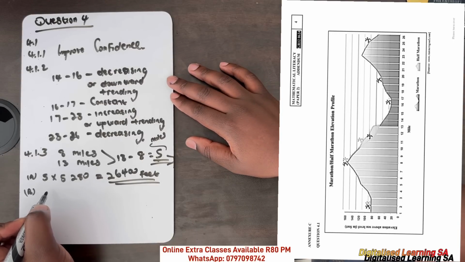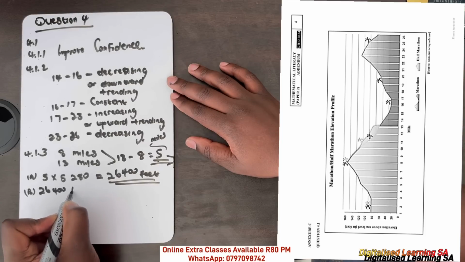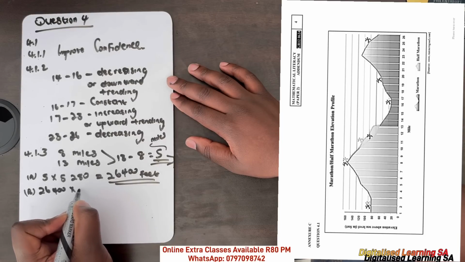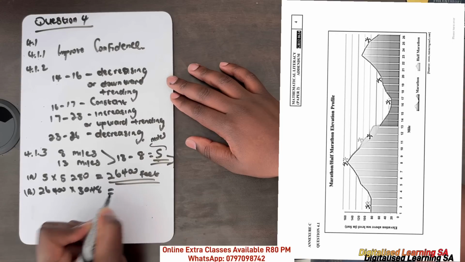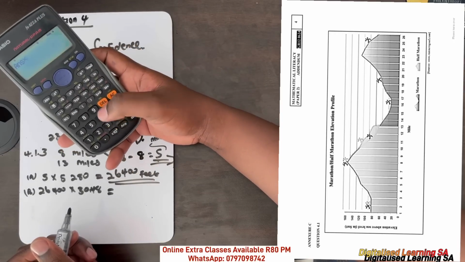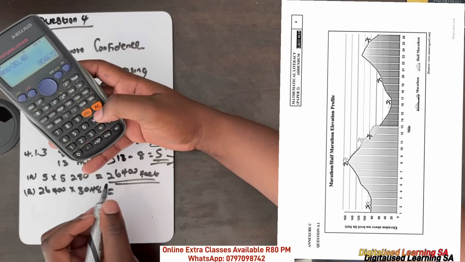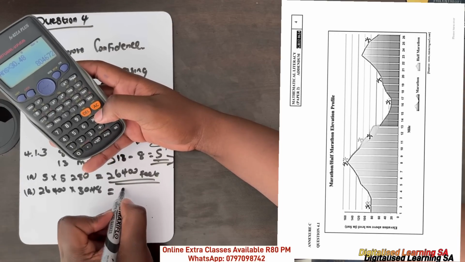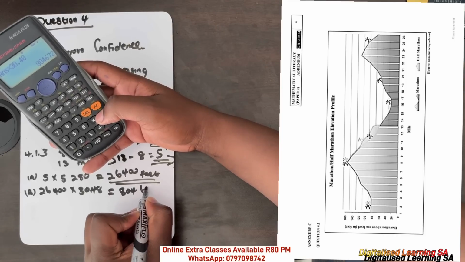So we'll say 26,400 multiplied by 30.48, and we'll get our answer in centimeters. So we'll multiply by 30.48, and our answer will be 804,678 centimeters.